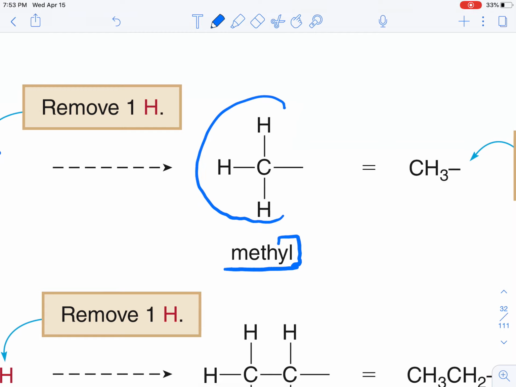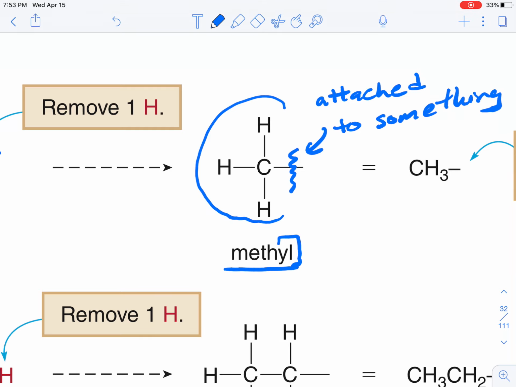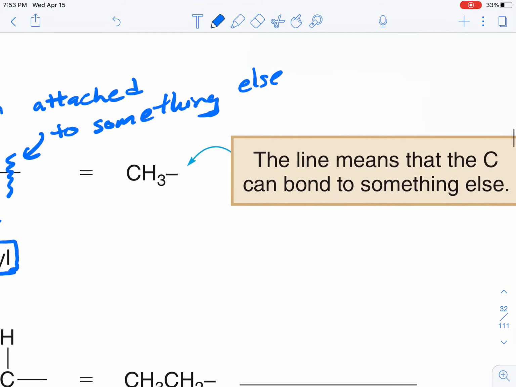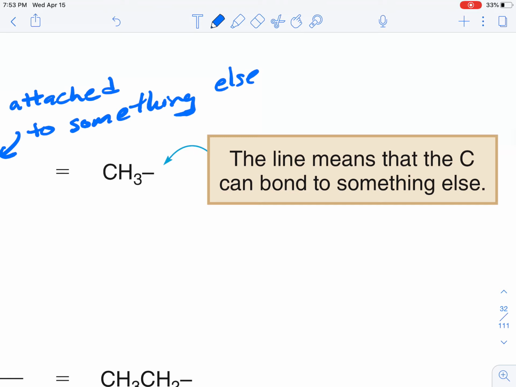I'm going to depict that with a squiggly line. And so this is being attached to something else. Once again, I can put that squiggly line here if I want to depict it in its condensed structure form.